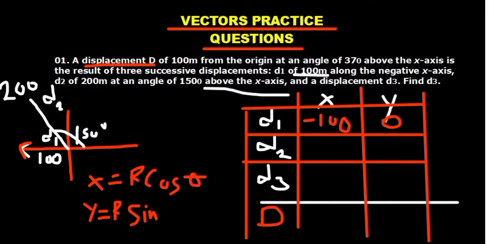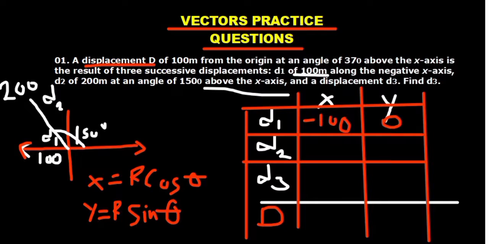That's the way you resolve a vector into the x and y components. For D2, make sure the angle you're dealing with is always measured from the positive x-axis. In this question we are lucky because we've been told it's 150 degrees above the positive x-axis, so we can just use the 150.